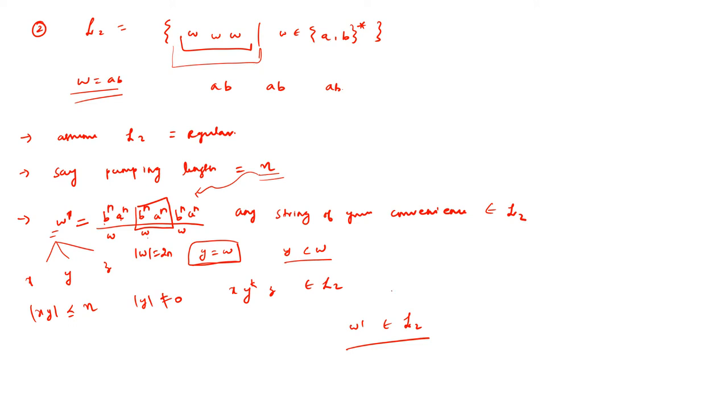So rest of the proof, will you be able to complete? Okay. So then the third question, please take it as homework. Because if we get y equal to w, then obviously we can't have the string www.